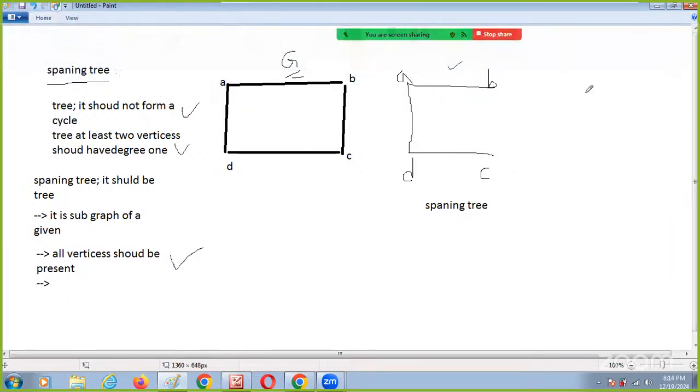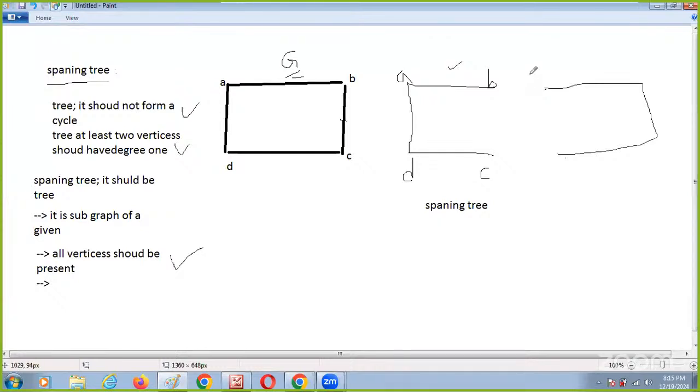Like this, for this graph we will have different ones. I can take only these three. That means I can skip this edge, because if I add this edge, it forms a cycle. So this should not happen.